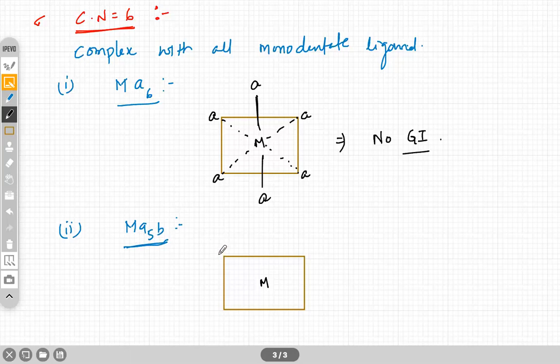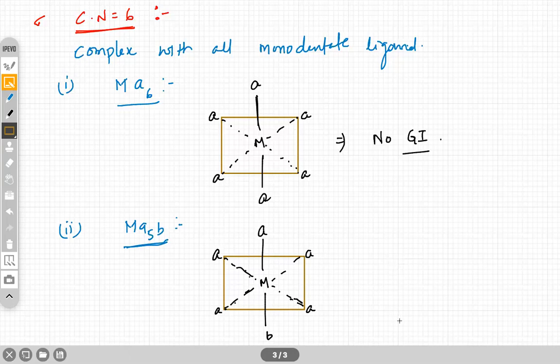For example, I am placing 4 A atoms here at the corners of this square, 1 A on the top, and B here on the bottom. Wherever you want, you can place it. That's not a problem. Okay, one molecule is this.